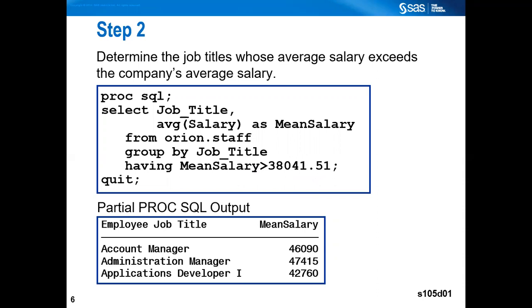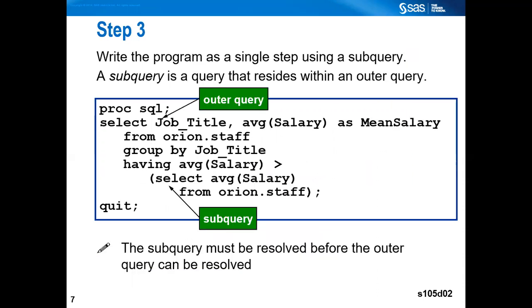So the scenario is telling the same thing: write the program as a single step using a subquery. A subquery is a query that resides within an outer query. So this select becomes your outer query, and the query which resulted in the value of your company's average salary, you write in the having clause, acting as an inner query, or subquery.